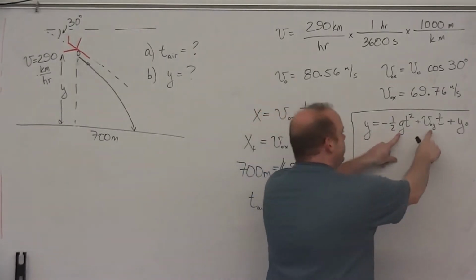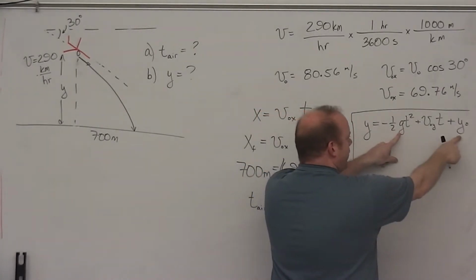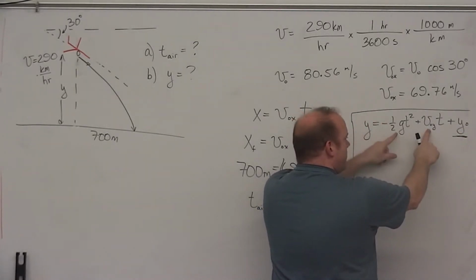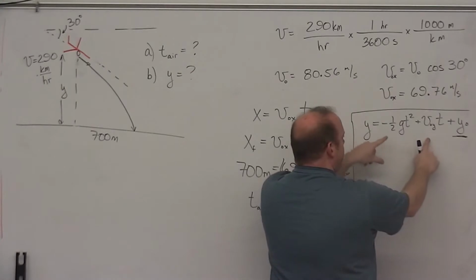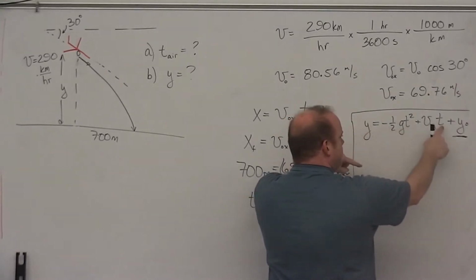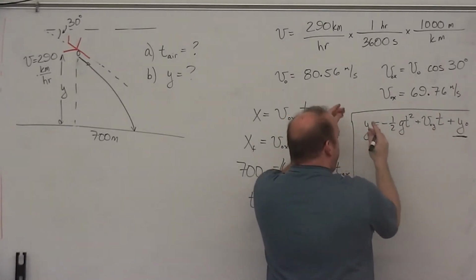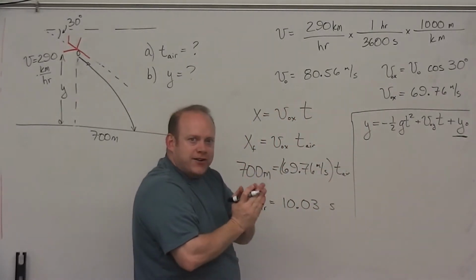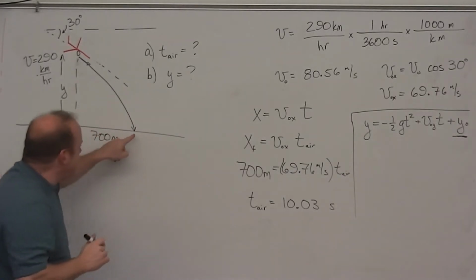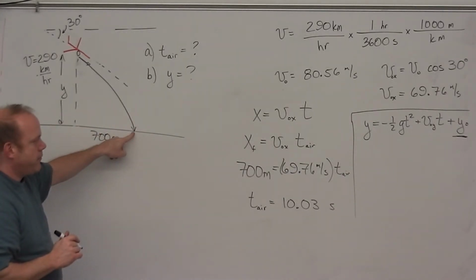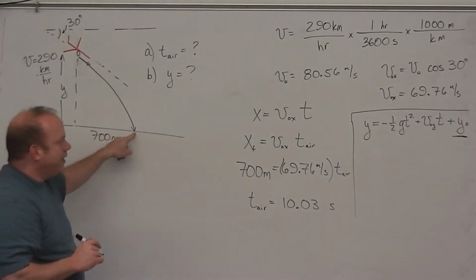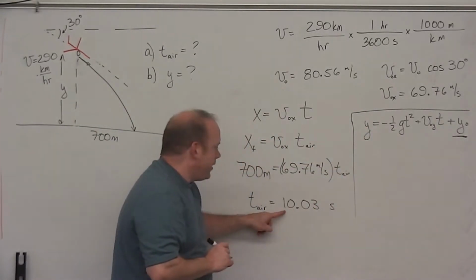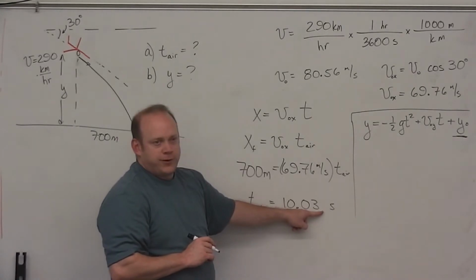Okay, g and v0y are constants. So is y0, but I'm solving for y0. And you say, well, I've got two more unknowns here, but I don't know what y is at all times. I could say any time t, but at one particular moment in time, I know what y is equal to. When this hits the ground, y equals 0, I know that that time is the time in the air, which is 10.03 seconds.